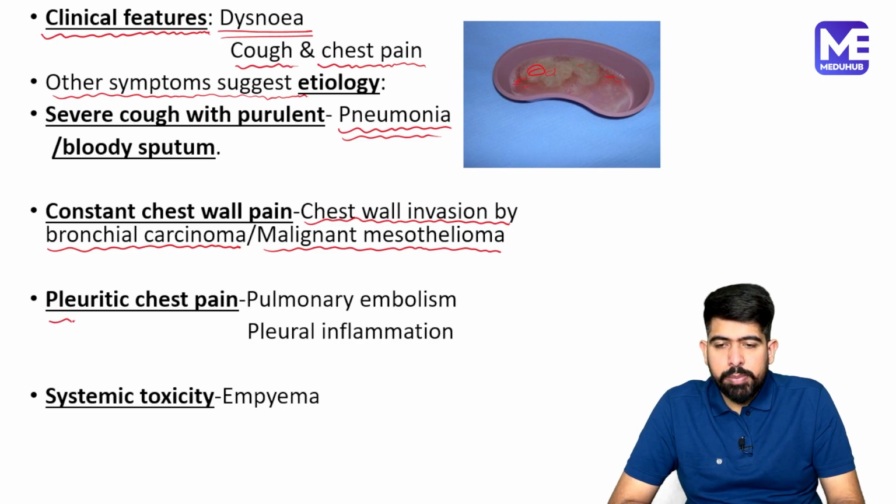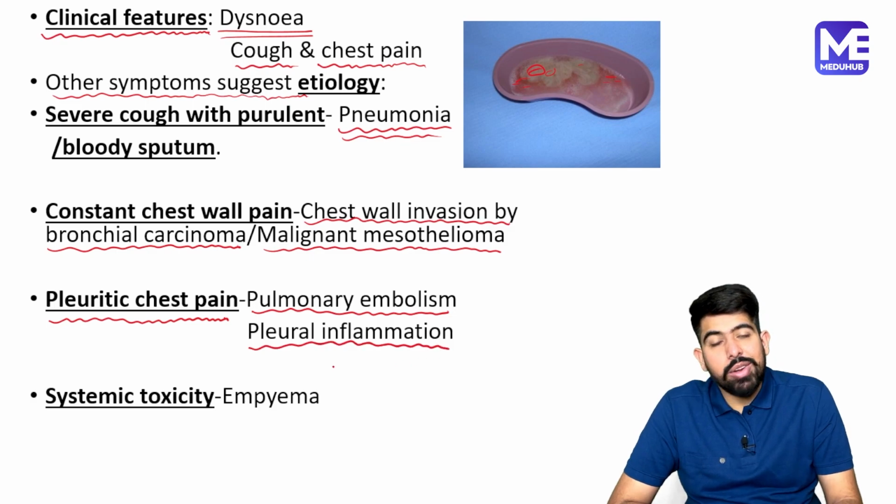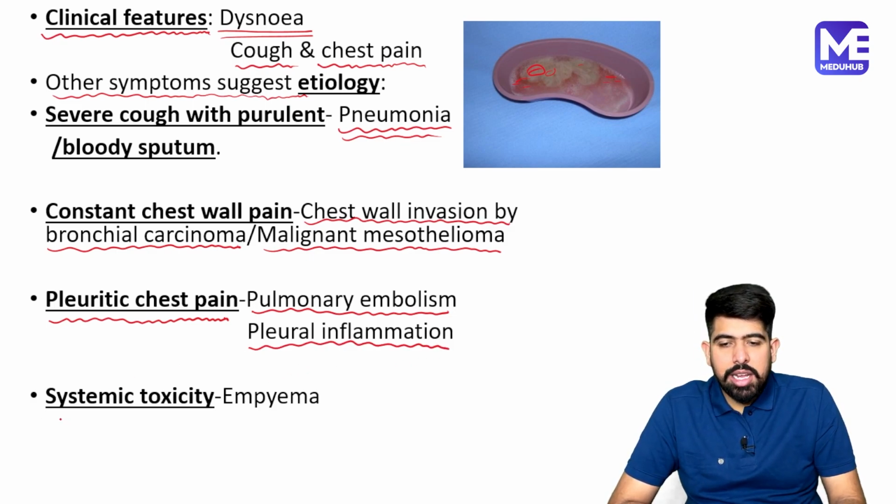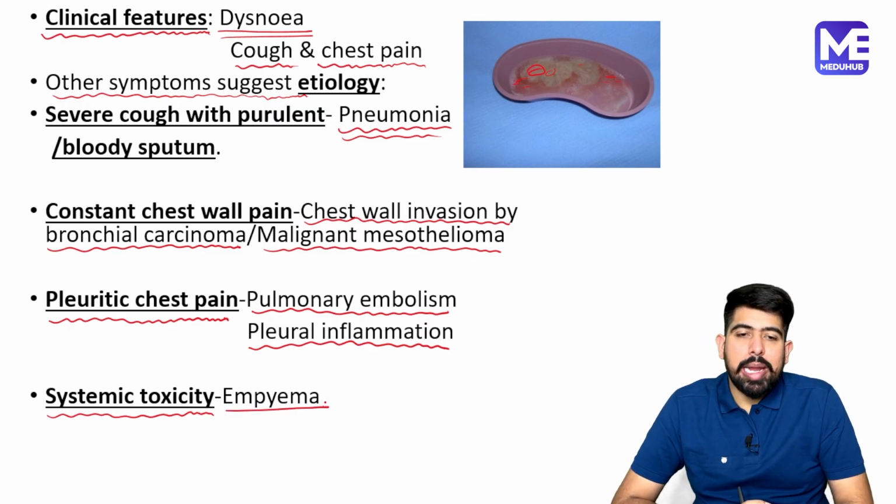If we talk about pleuritic chest pain, maybe there will be pulmonary embolism or some pleural inflammation going on there, right? And the last one, systemic toxicity, will be seen in empyema, right?